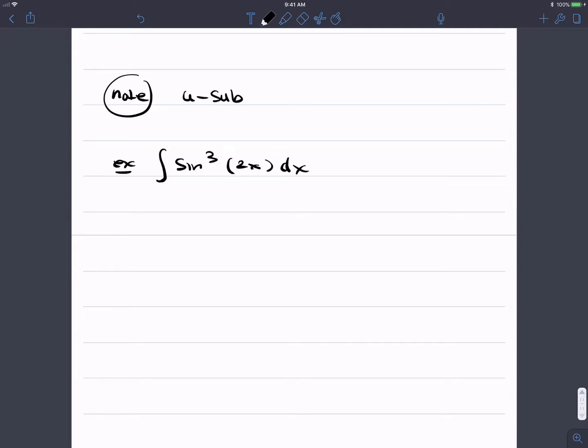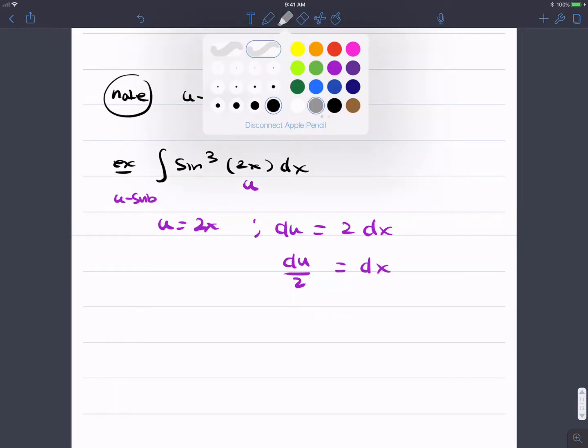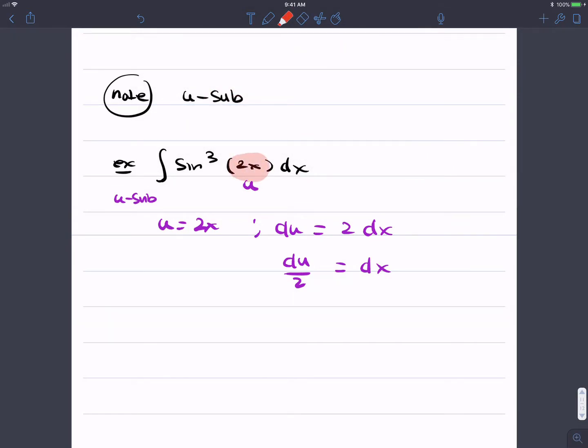Now we'll do some u substitution first, meaning my u here will be simply 2x, which means du is 2 dx, or du over 2 is my dx. This is a u-substitution version. The argument here is 2x for that sine cubed.